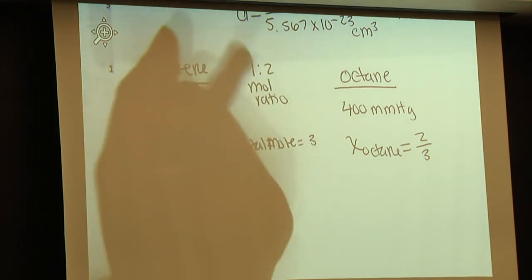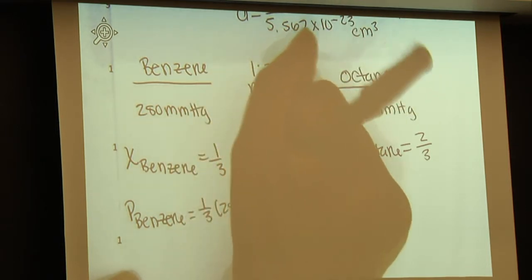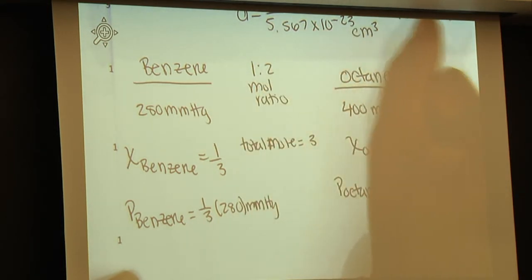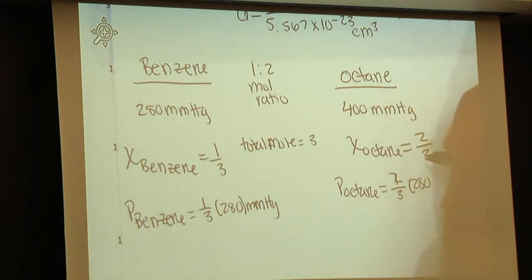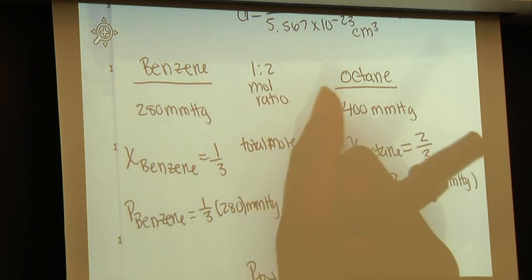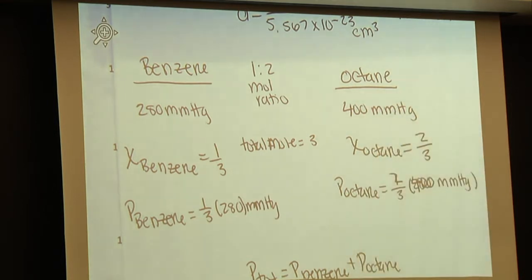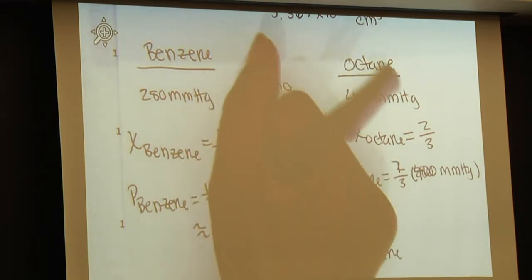So then for P benzene, we would do 1/3 times 280. And P octane would be 2/3 times 400 millimeters mercury. And then you would add them together. So for this one, you should get 93.